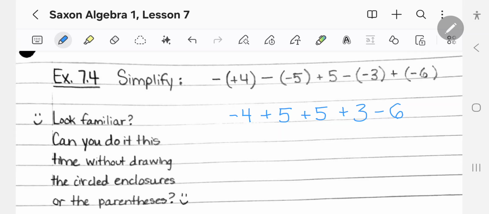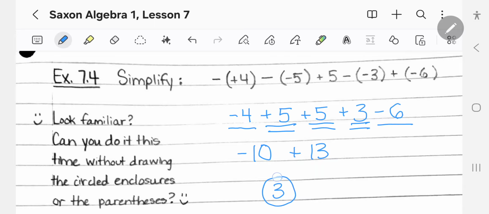Now we can combine the things that have minuses or negatives in front of them. This and this would be negative 10. I'm going to combine my positives. 5 and 5 is 10, plus 3 is 13. I'm combining things that have different signs, so I subtract them, and I take the sign of the one that has the largest absolute value, which is 13, and it's positive.